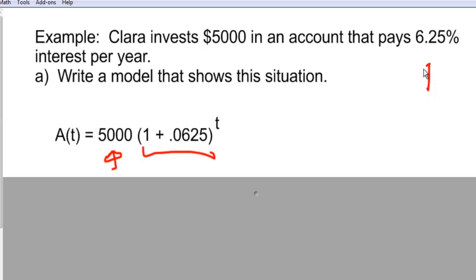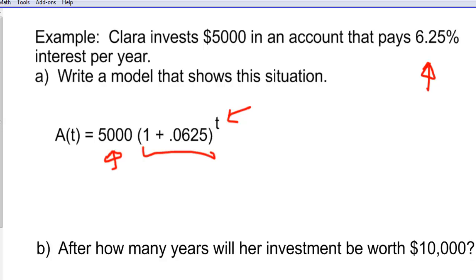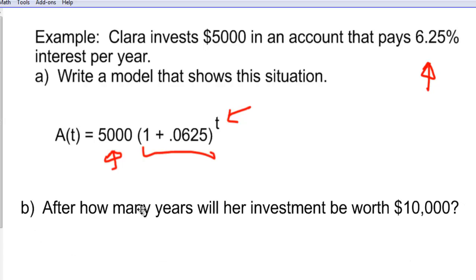We take this number here, that's the percent, and we rewrite it as a decimal, and it's raised to the t power. Okay. Now for part B, after how many years will her investment be worth $10,000? So she's investing $5,000. We're wondering how long it is going to be until it's worth $10,000.